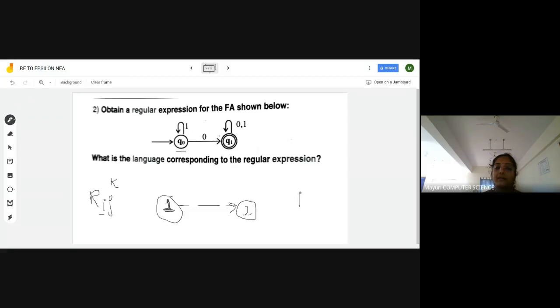I have to calculate the term R_1j, where j is 2. K here represents the number of states, could be the number of intermediate states or anything, but when it comes to the term that you need to compute, k is nothing but the number of states in the finite automata. How many states are there? There are 2 states. So this is your answer.